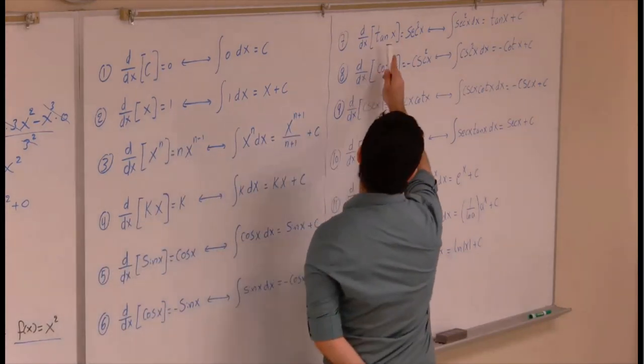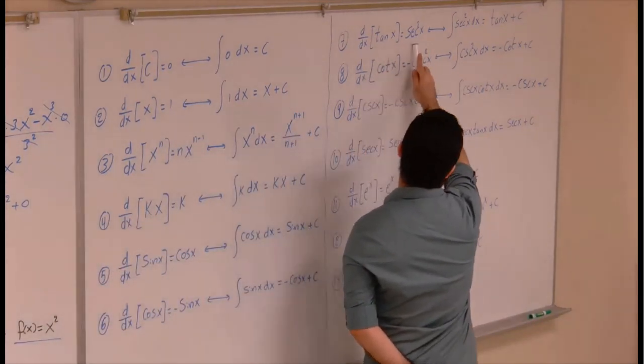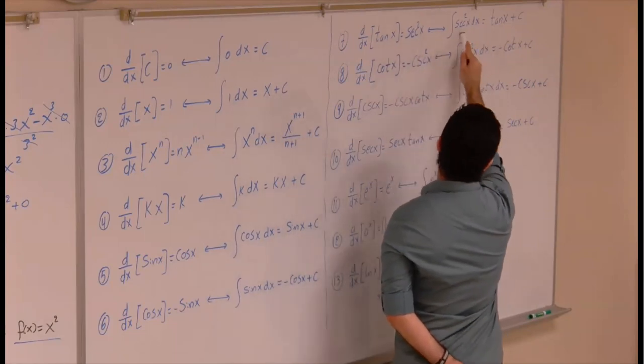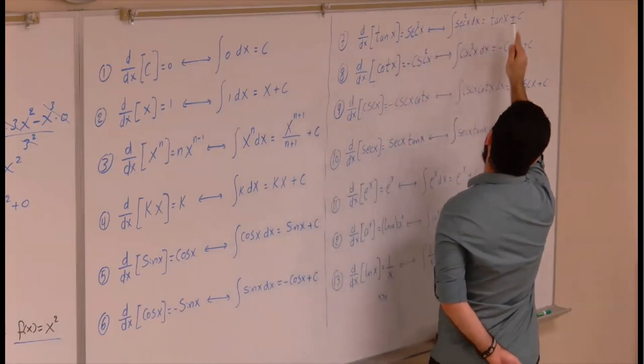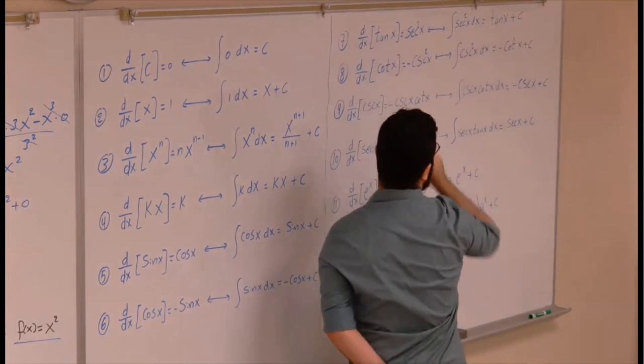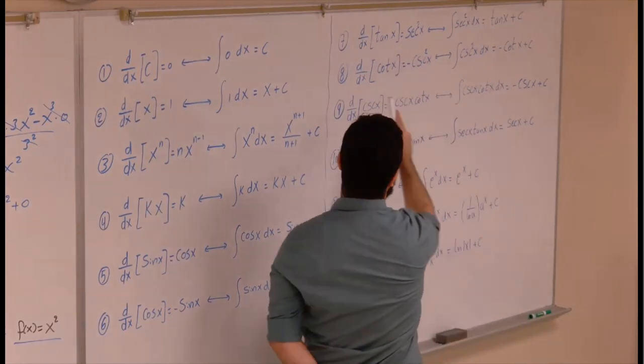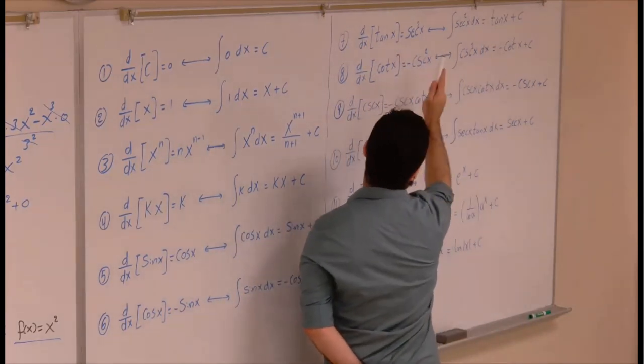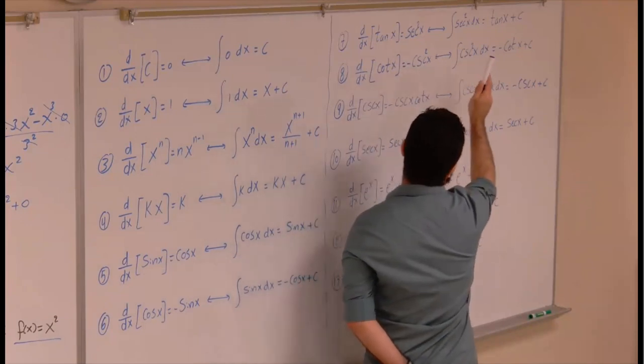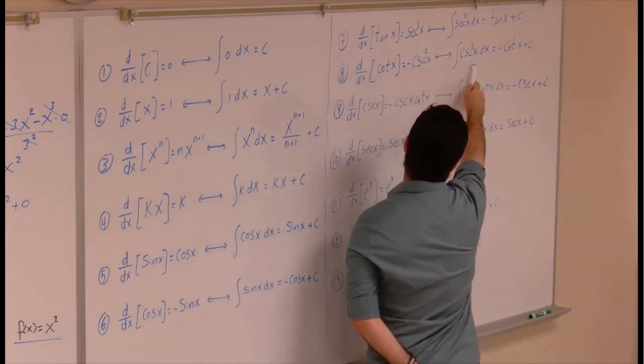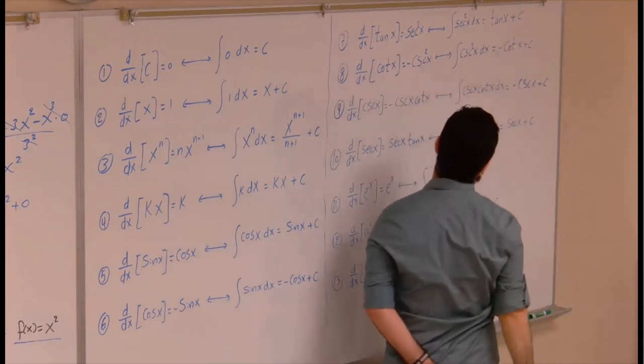The derivative for the tangent is secant squared. The integral for secant squared x dx is going to be tangent. It's going to go back to the tangent function. The derivative for the cotangent x is negative cosecant squared x. The integral for cosecant squared x is going to be negative cotangent.